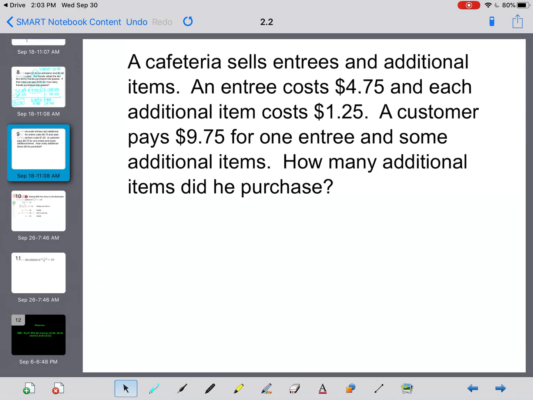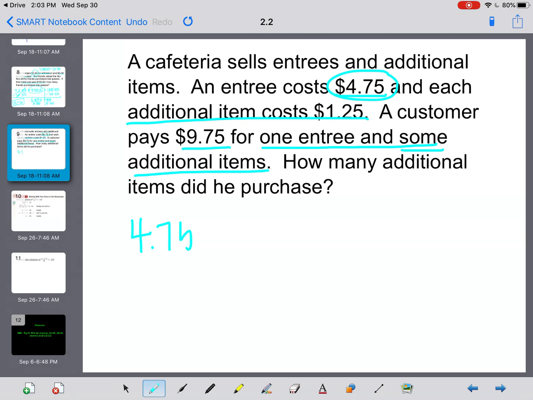A cafeteria sells entrees and additional items. An entree costs $4.75 and each additional item costs $1.25. The customer pays $9.75 for one entree and some additional items. How many additional items did he purchase?